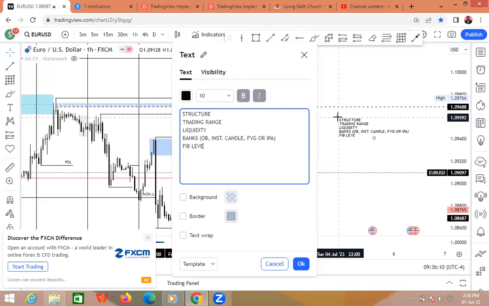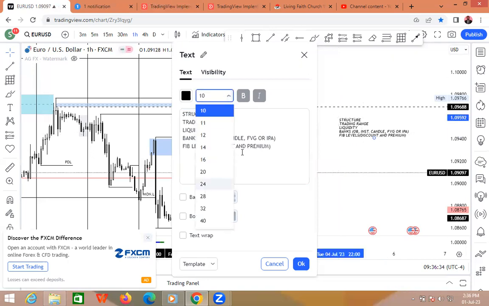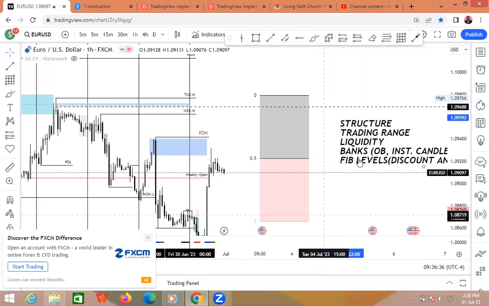You use fib levels for extra confirmation, talking about discount and premium. So we buy at discount, anything below 50%. Above 50%, the premium, is where we start looking for sell opportunities. So this is our checklist.